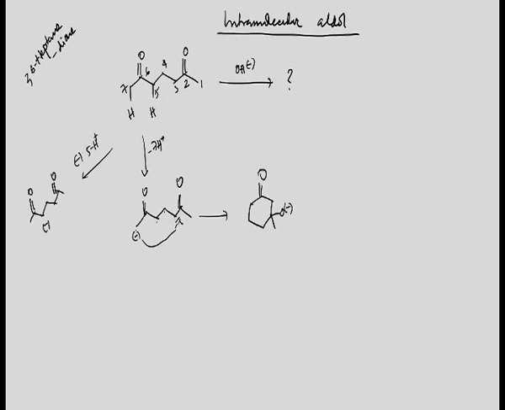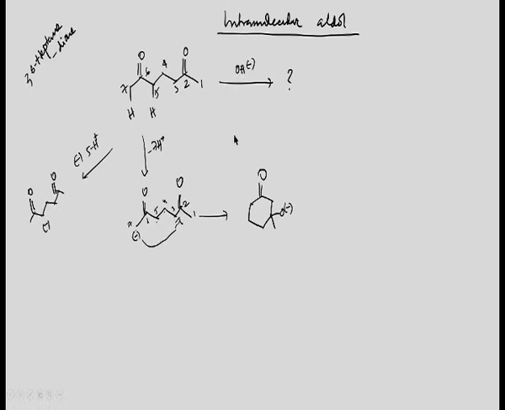Suppose this is 1, 2, 3, 4, 5, 6, 7. So you see, this is 7, this is 6, 5, 4, 3, 2, 1. So this 2 becomes now a quaternary center, and this is the aldol product after water treatment.